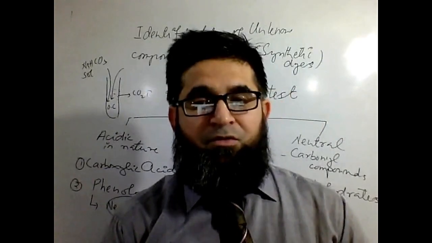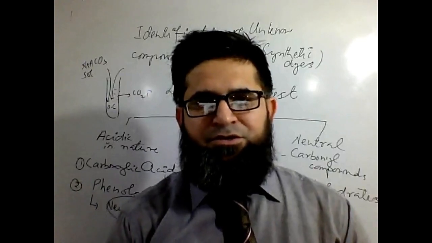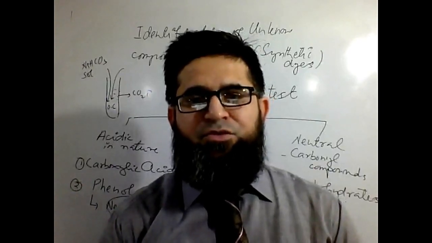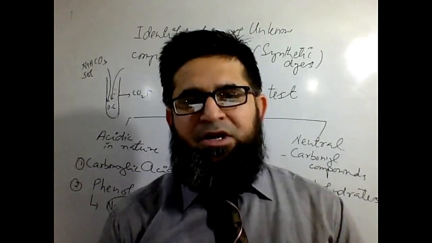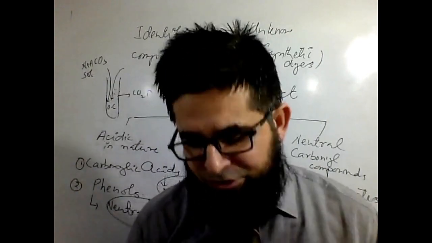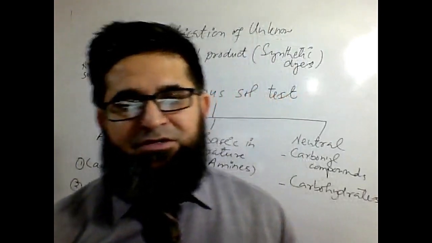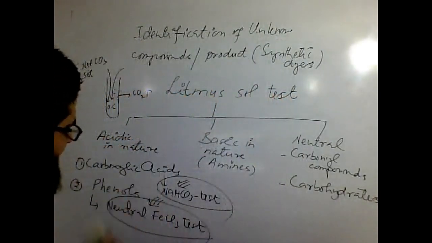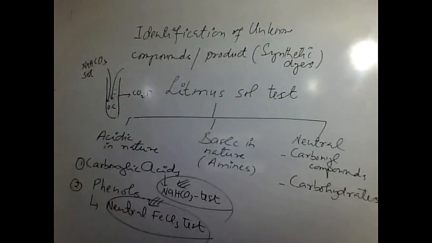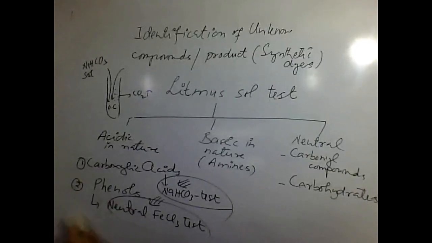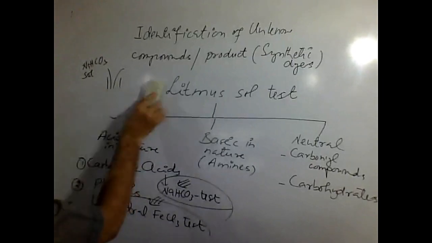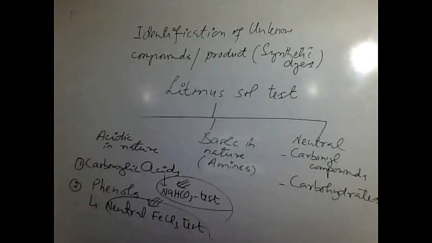However, then what happens actually inside the test tube? Why CO2 is evolved, from where CO2 is generated, that needs to be looked into. So I'm going to explain the basic chemistry of these tests now. I will explain the chemistry of the sodium bicarbonate test. Before that, I think I should explain the bromine water test.